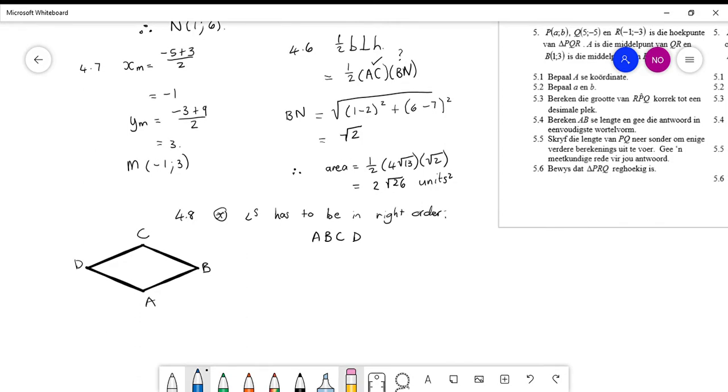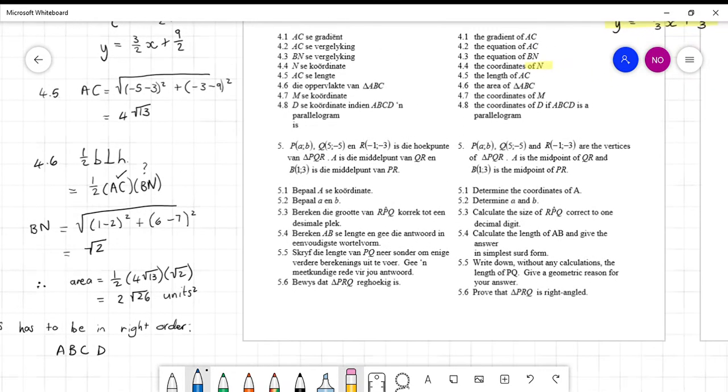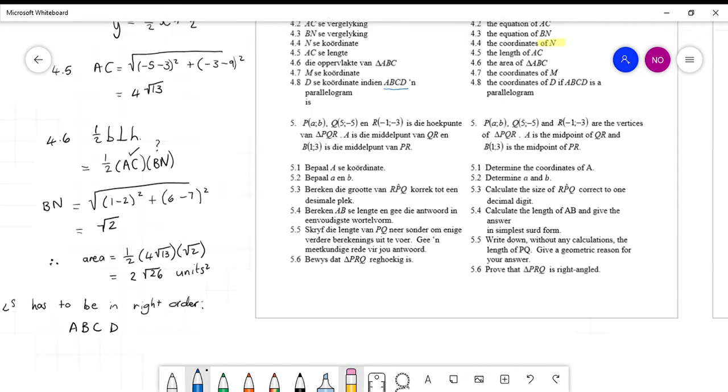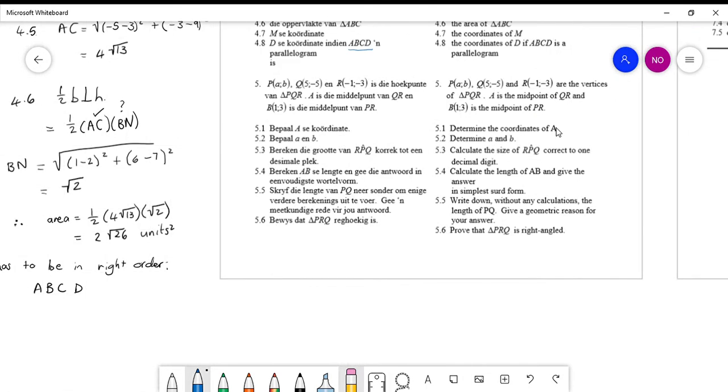So there's two things that you guys need to understand when they are looking for the fourth coordinate of a parallelogram. This has to be in the correct order. So as you go through your parallelogram, that one is called ABCD. It can't look like this.